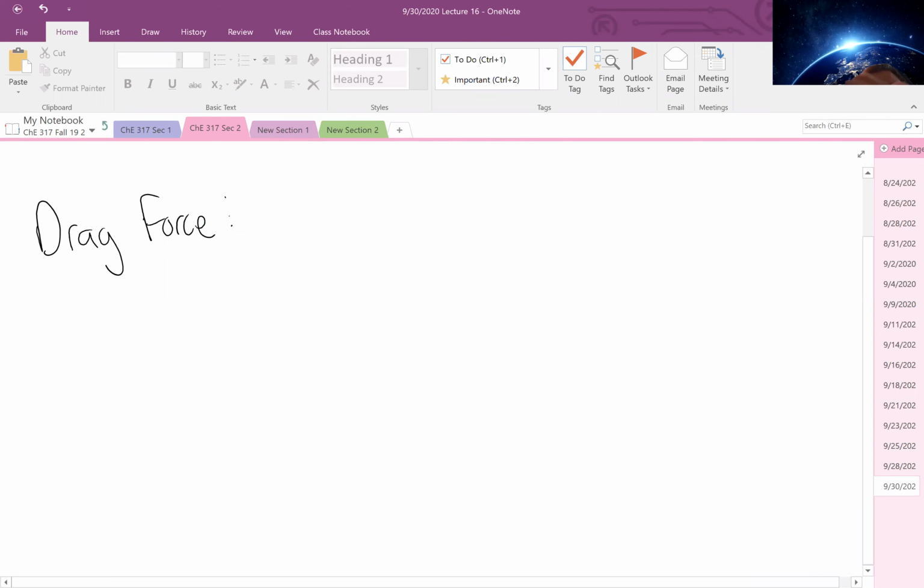And for drag force, we identified that we can calculate the drag force for an object as a function of the drag coefficient, the fluid density, the fluid velocity squared, times our projected area divided by 2.